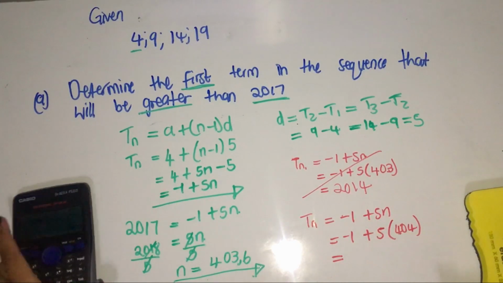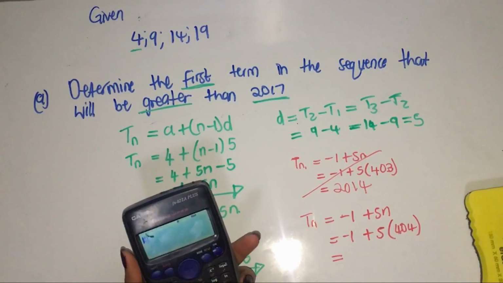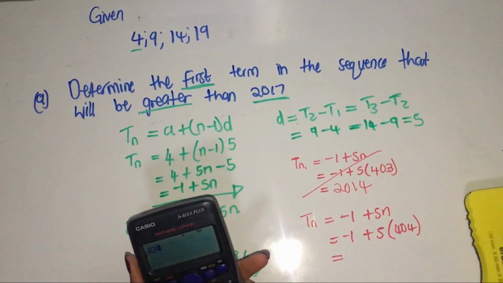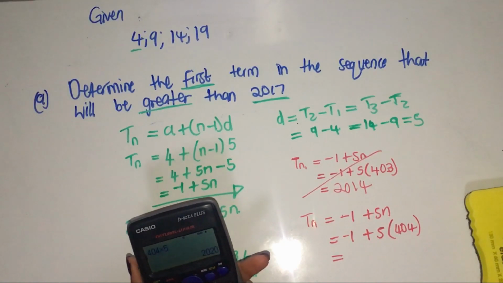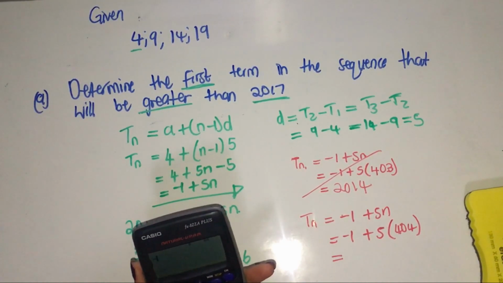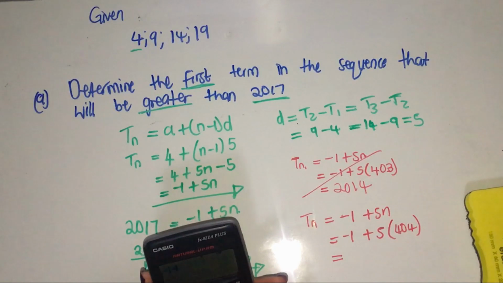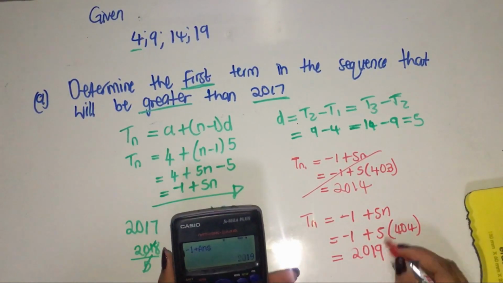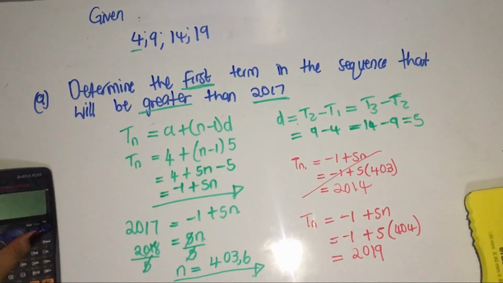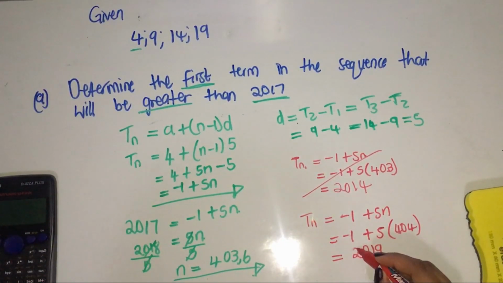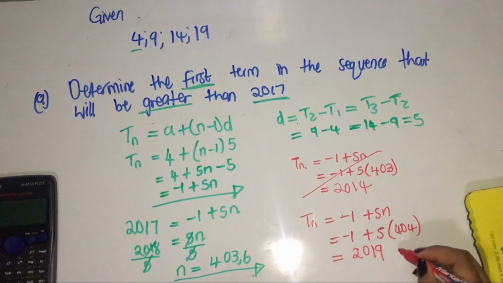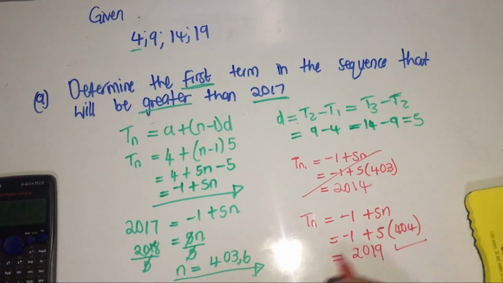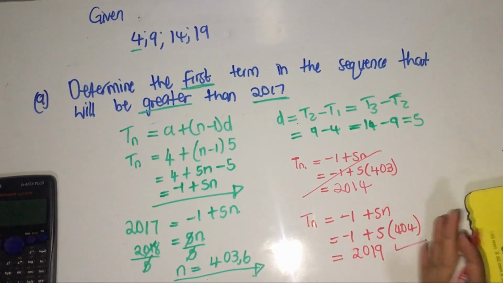And then you're going to calculate 404 multiplied by 5, negative 1 plus the answer. We get 2019. Now, is 2019 greater or less than 2017? Of course, it's greater.